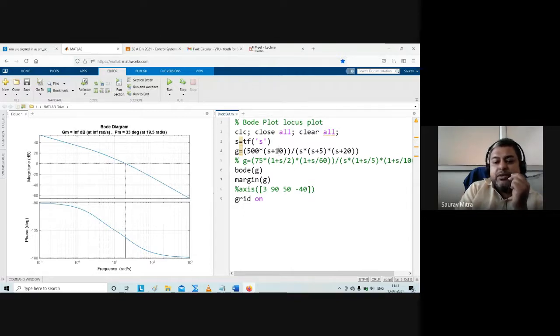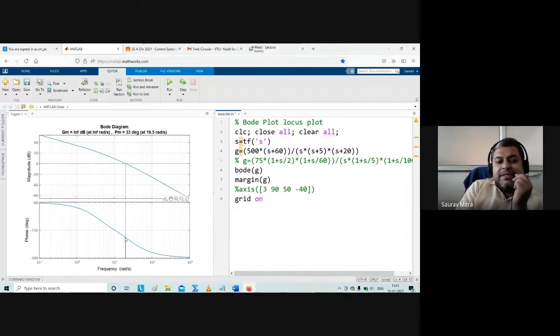Just change this 10 into 60, as was our previous case. So remember this system is highly stable, because this is the gain crossover frequency, which is around 20 radian, and you are finding that at almost 19.5 or 20 radian, the phase is above minus 180 by 33 degrees. That means this phase is around 147 degrees or so negative.